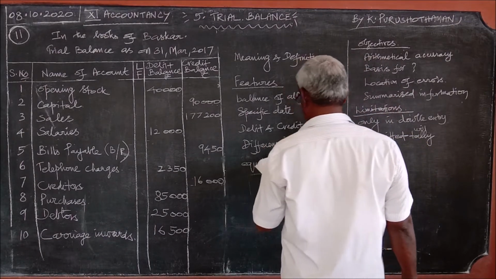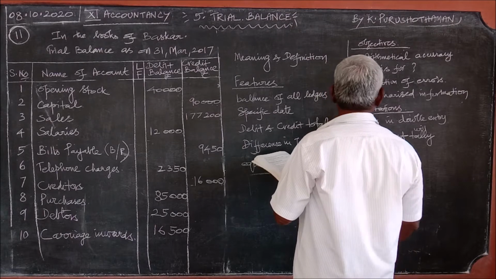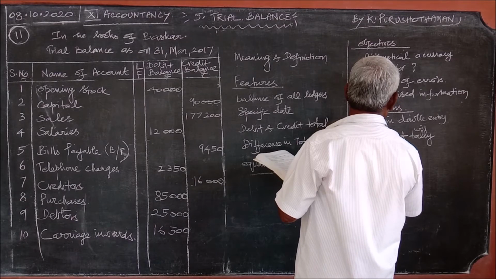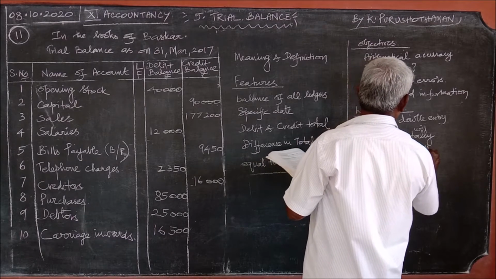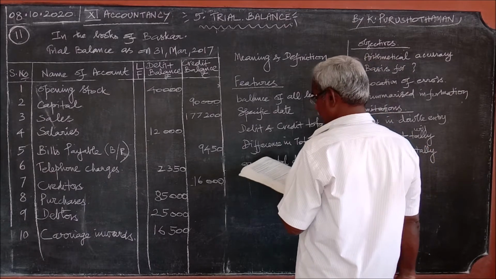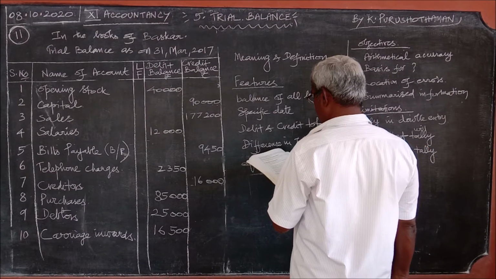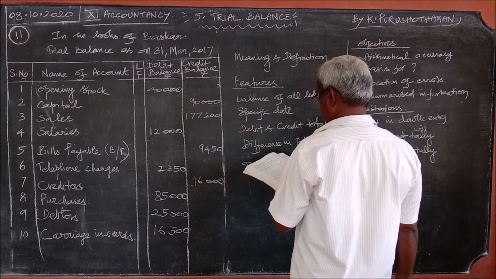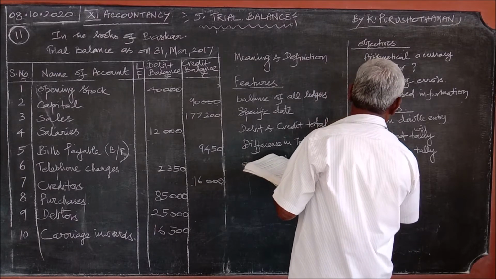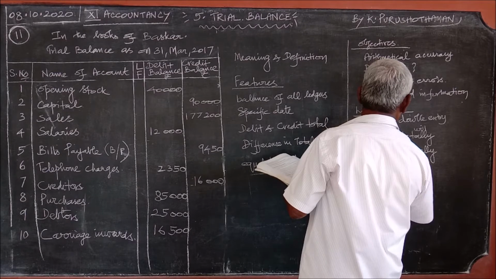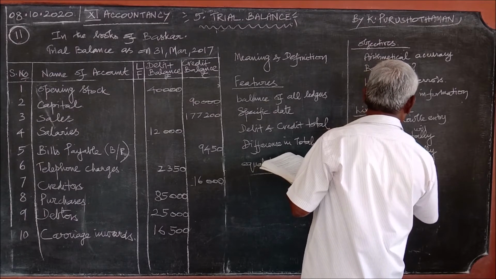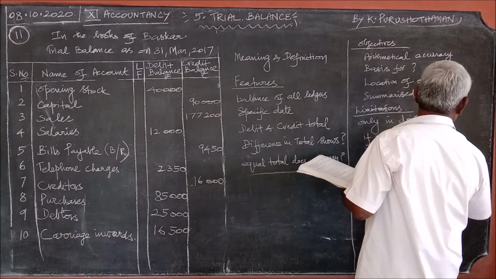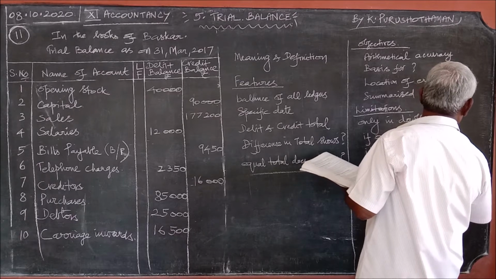Then third one, if errors, in that occasion also it will tally. Then fourth one, not systematic. May affect final accounts.